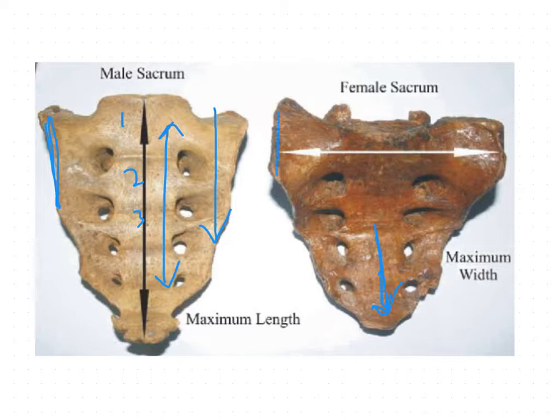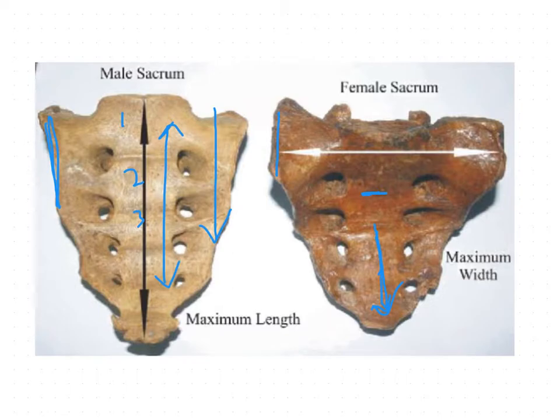In the female, the auricular surface extends up to the second sacral vertebra and is always less than 2.5 sacral vertebrae.